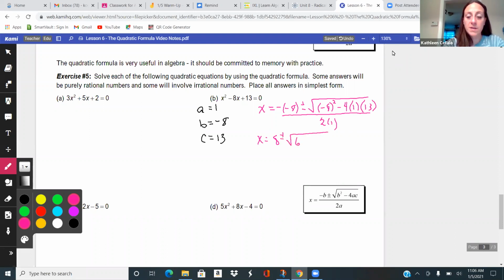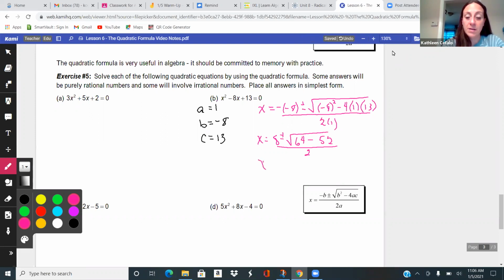Negative 8 squared is a positive 64, okay? Negative 4 times 1, you get a negative 4. Negative 4 times 13 should get us 52. And now we still have on the bottom divided by 2.